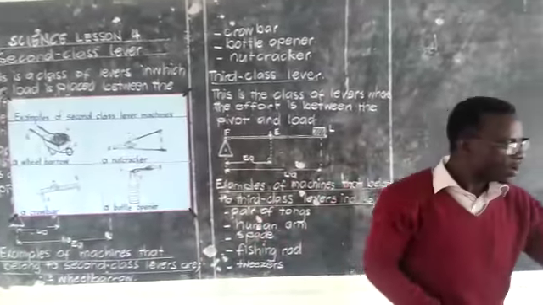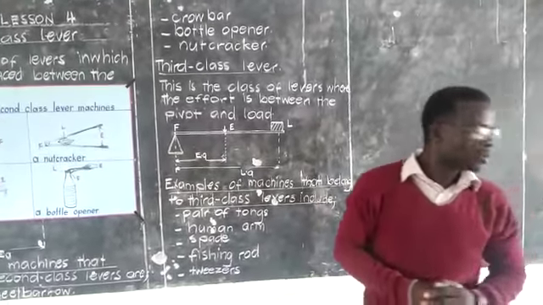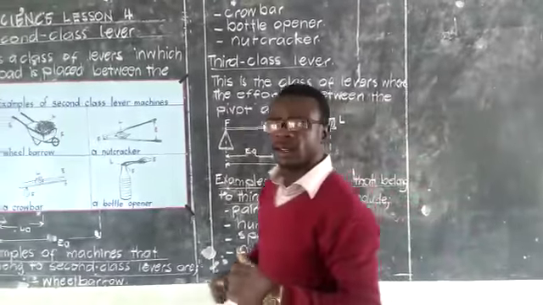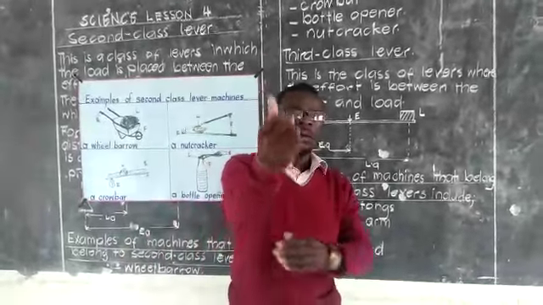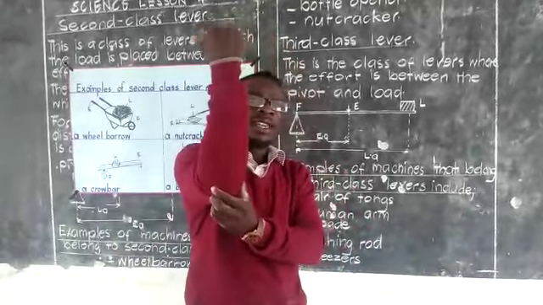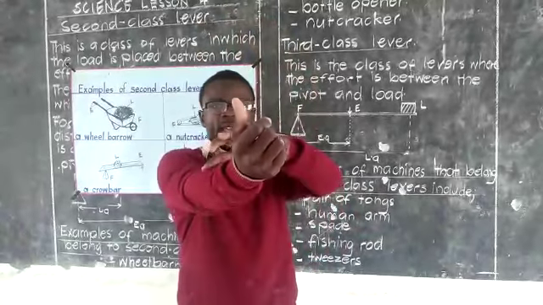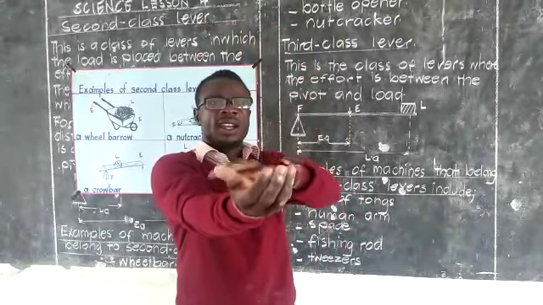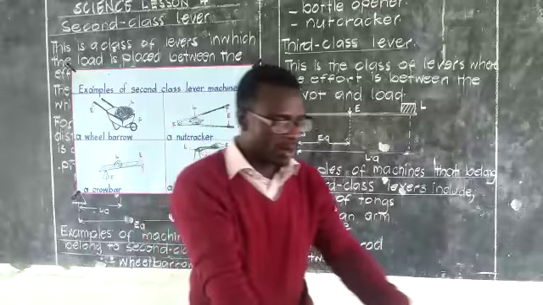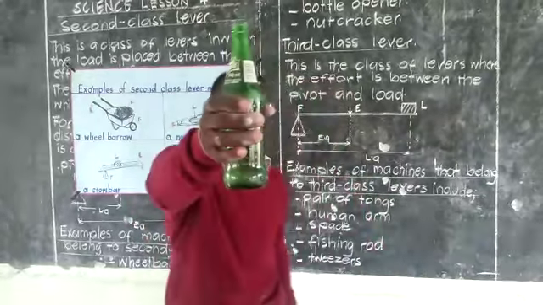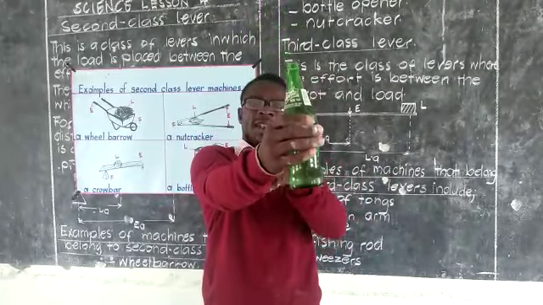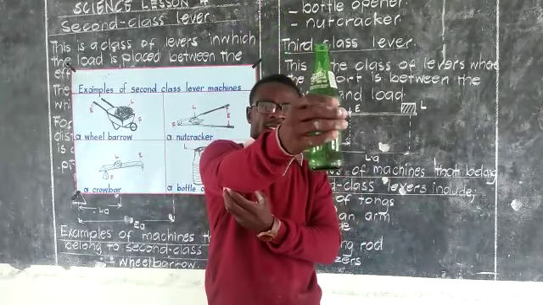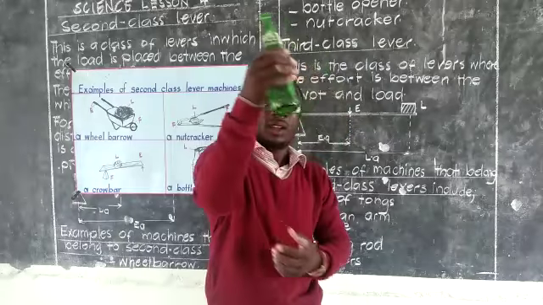We also have spare, which belong to third class levers. And lastly, we have the human arm, where the fulcrum is around here, the effort is around here, and the load is placed around here. For example, I have this object to carry, the load is felt here, I apply my effort from here, and this is the fulcrum. I carry it.